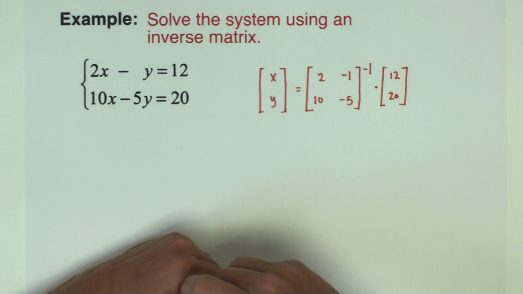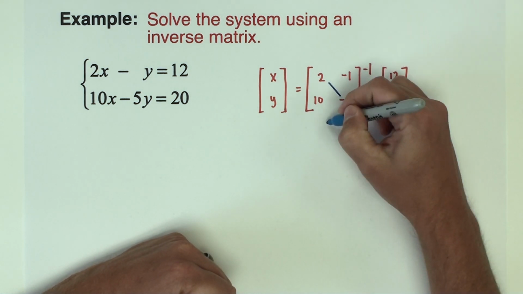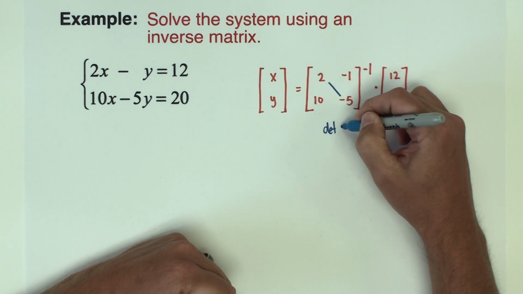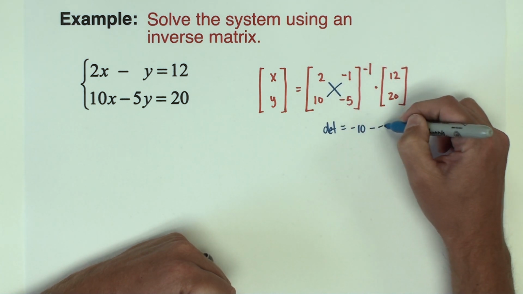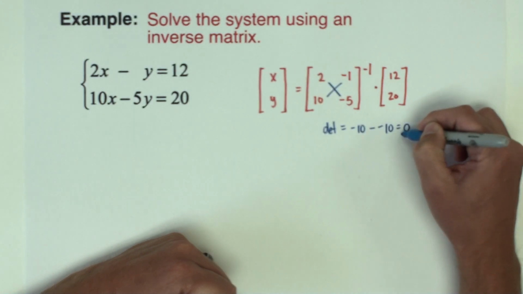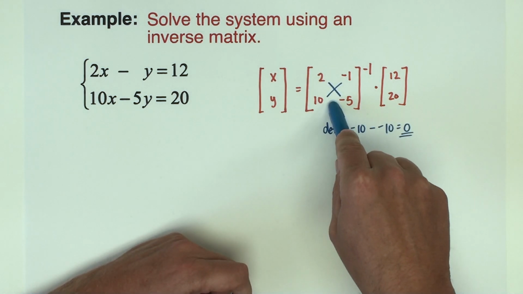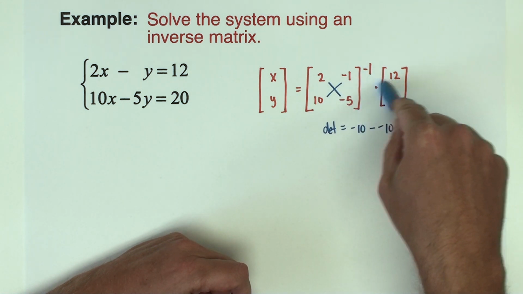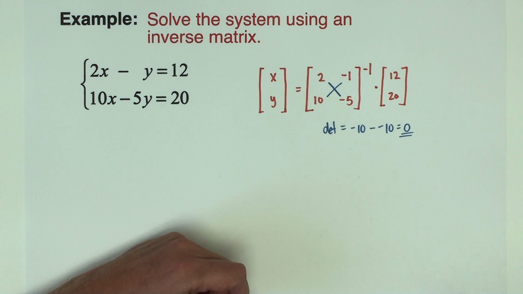And why can't it do it? Well, it's because the determinant of this matrix, the determinant is equal to 0. And so because of that, because the determinant is 0, there is no inverse, and if there's no inverse, I can't do this, right? So I've got a failure in this inverse matrix technique.